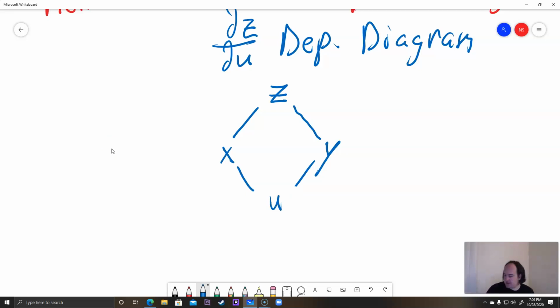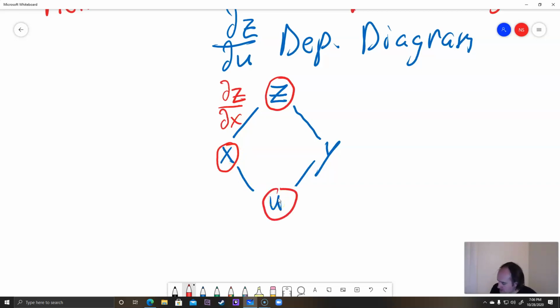All right, and then starting at the top, we work our way down, writing down the partial derivatives. Our first one is starting at z and ending at x. So that first one on the left side is going to be partial z, partial x. And then going from x to u, from top to bottom, this next one is going to be partial x, partial u.